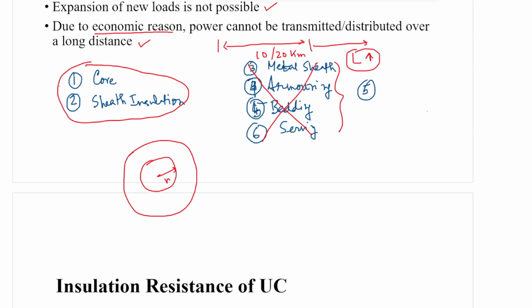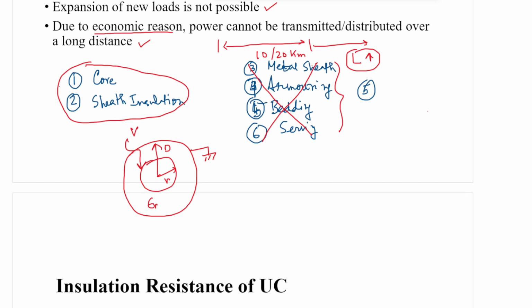It is an insulating material with a dielectric medium epsilon r, having radius or diameter, say, d. The line voltage is impressed on the conductor, V, and the sheath insulation is expected to be grounded. So if you want to analyze the underground cable electrically, this will be your overall structure.